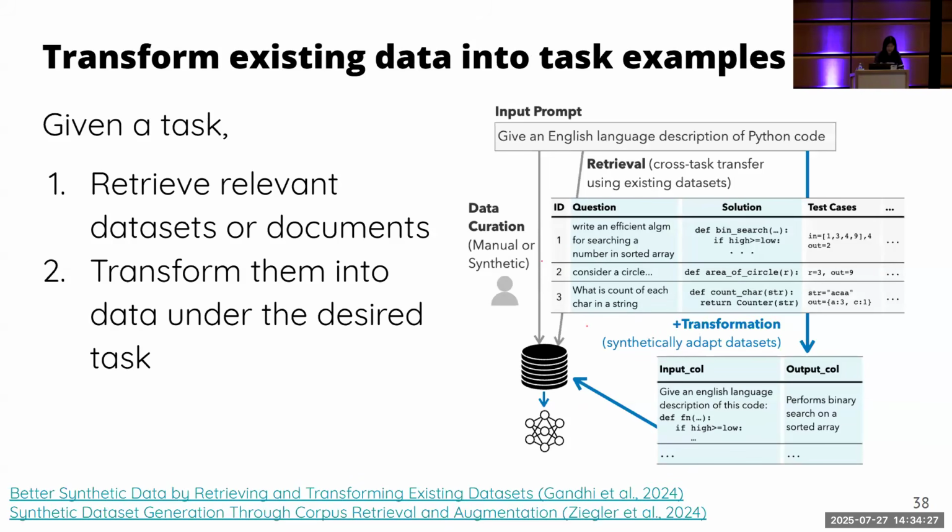Suppose, for instance, that there's a task that you care about, but you don't have any data under the task. What you could do is automatically retrieve relevant data sets or documents, and then transform what you retrieve into data under the desired task. So in this illustration, the task that you want to create data for is, given a piece of Python code, to produce an English language description.